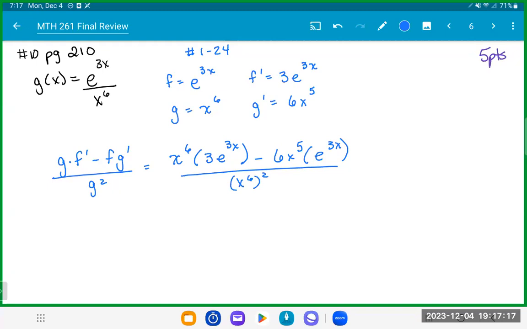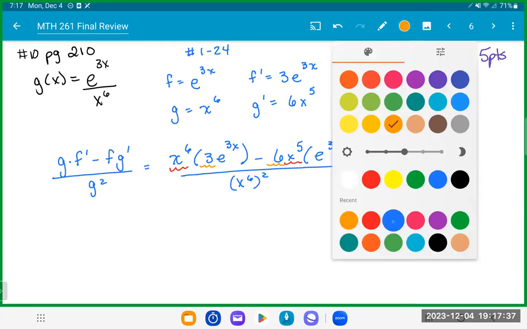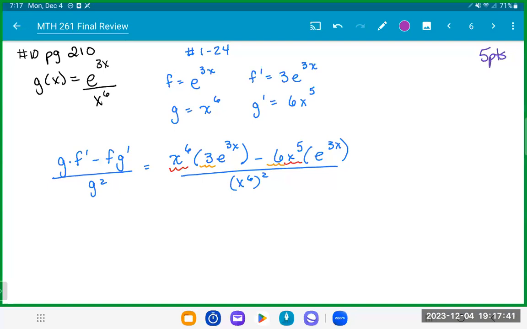Okay, so let's go ahead and see how we can simplify this. We have an x to the 6 and an x to the 5 that we could factor out of each term. We also have a 3 that we could factor out of each term. And we have an e to the 3x that we could factor out of each term.